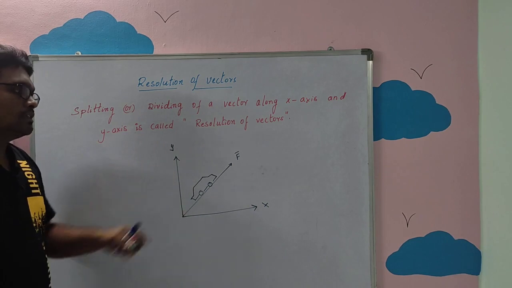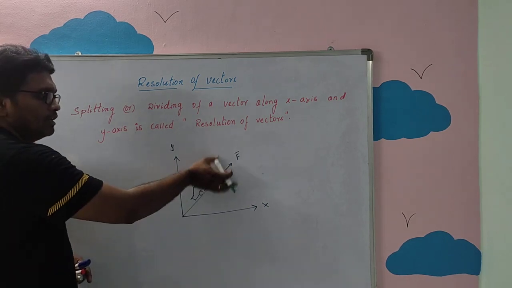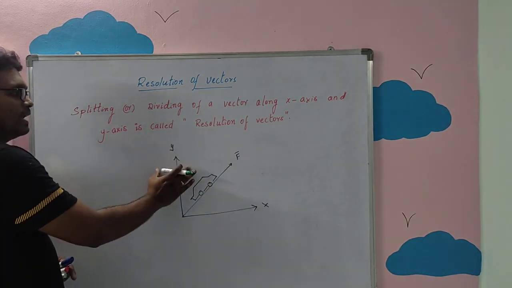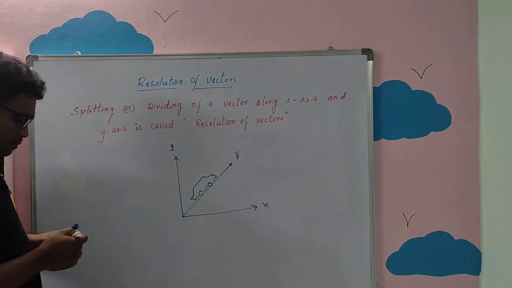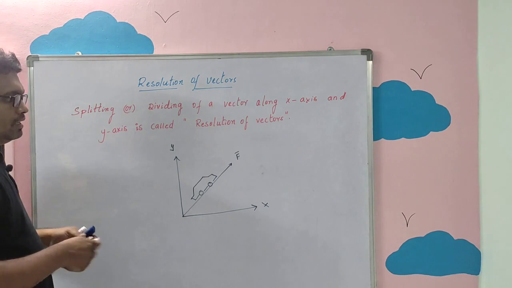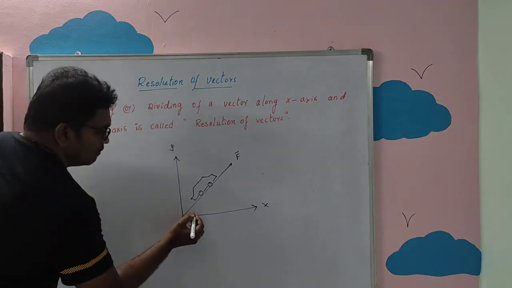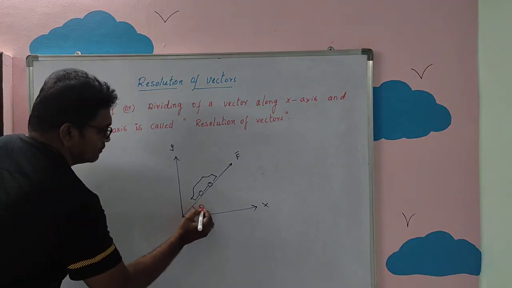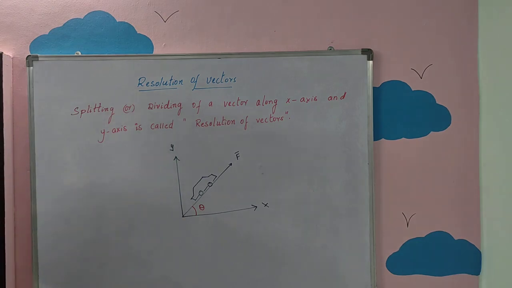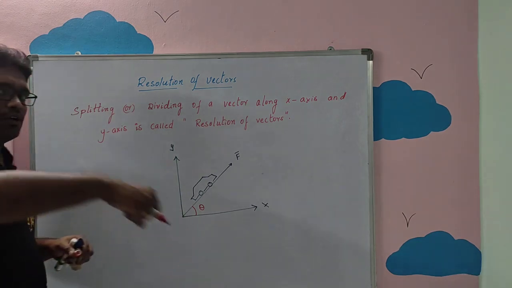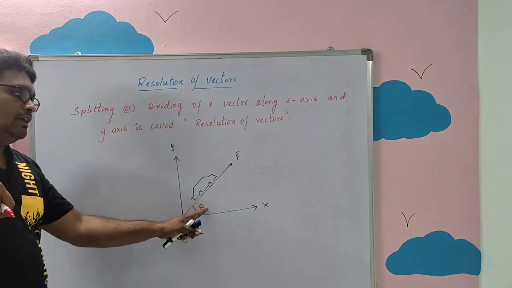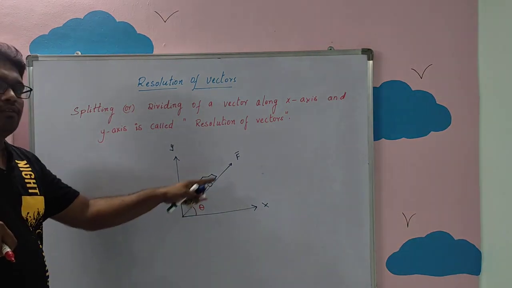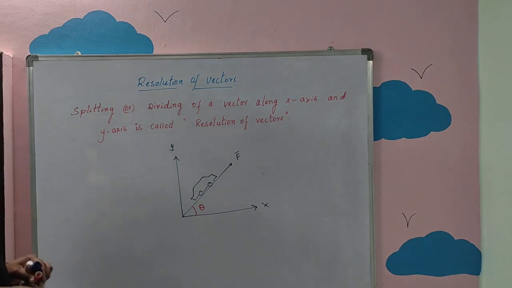We call such a concept of dividing a vector, its influence along x axis and y axis, a resolution of vectors. For example, in this diagram, I am applying force on the car at an angle, say theta. With a theta angle I am lifting the car with the help of a rope, and this theta indicates at what angle we are applying force on the car, right.